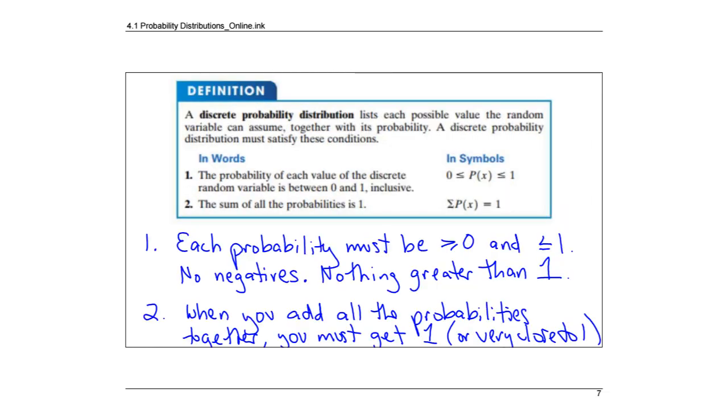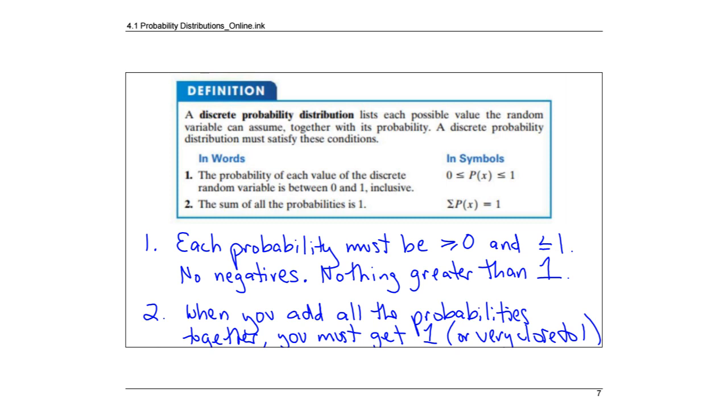Right, these are very important. We're going to look at what's called a discrete probability distribution. When we do that, we're going to look at a table of data. We have to make sure that each probability is between 0 and 1 inclusive. So it can be 0, it can be 1, it can be any fraction or decimal in between.